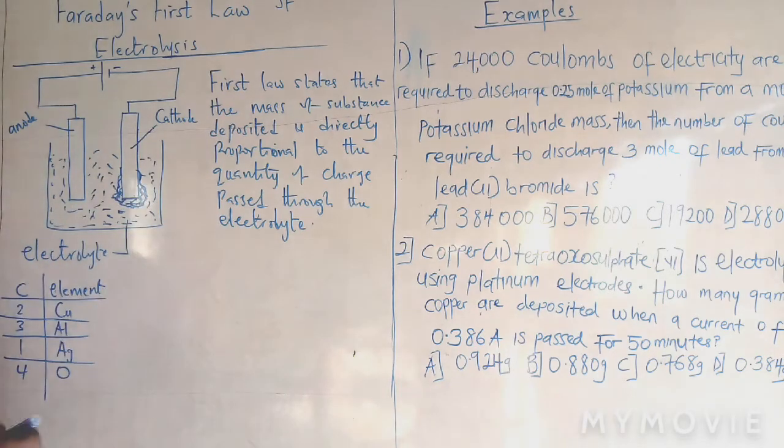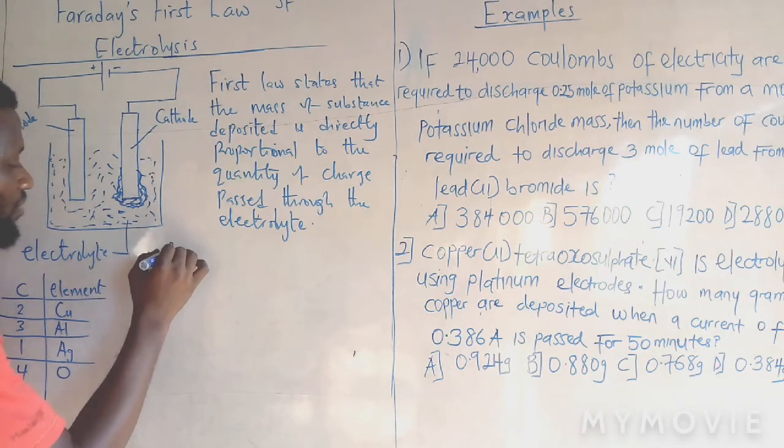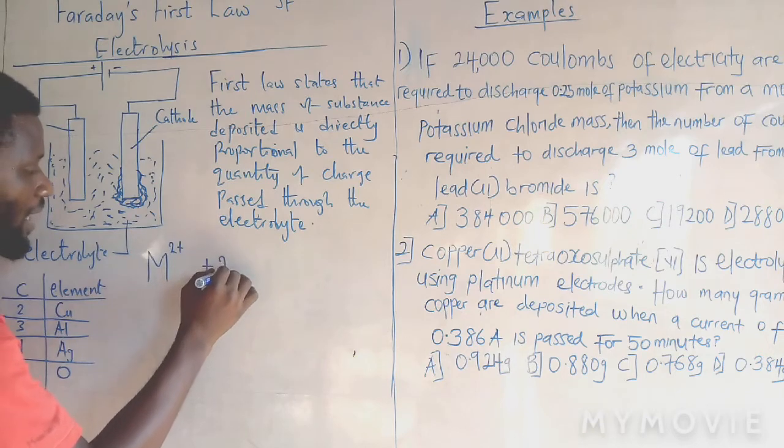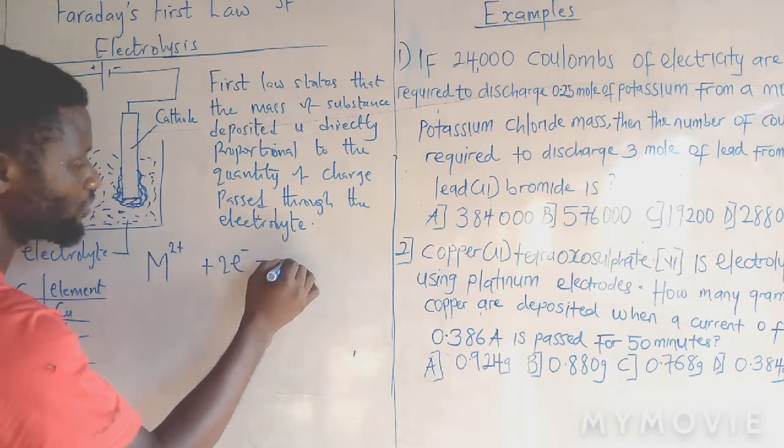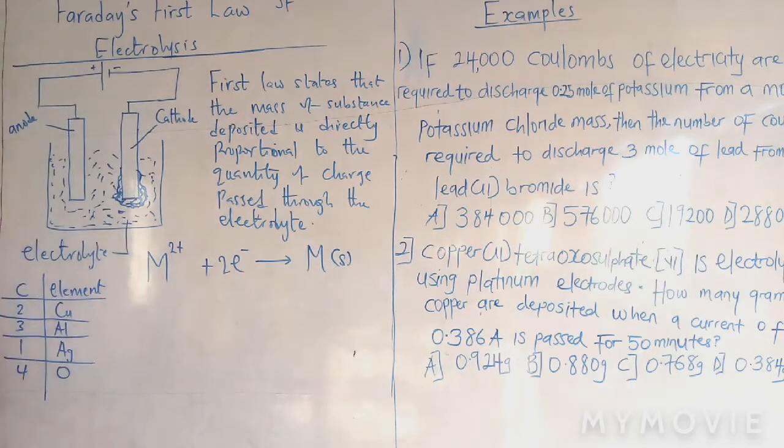For instance, if the cation is represented by M2+, it will gain 2 electrons and be deposited as M solid. So here, the cation is deposited. This is called the cathode and it is connected to the negative terminal.